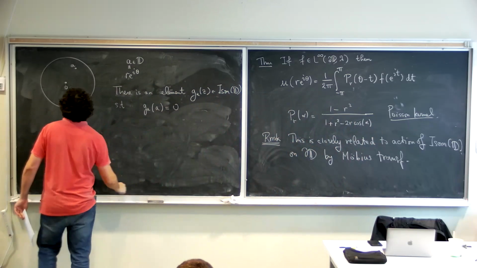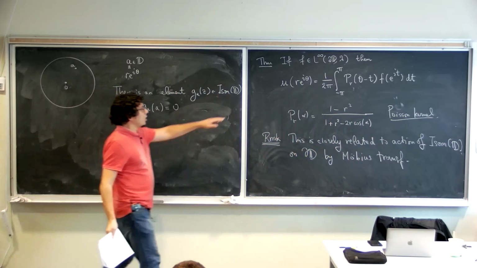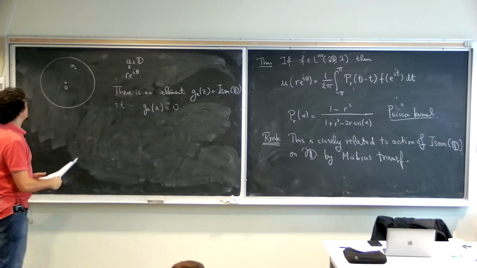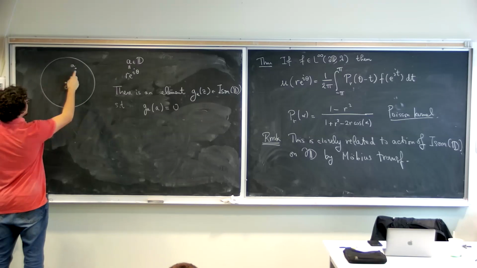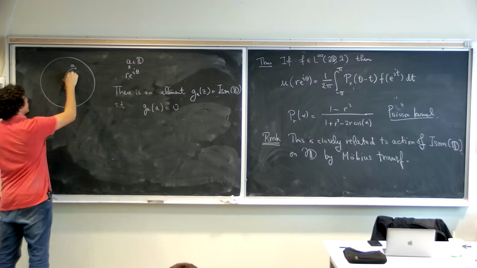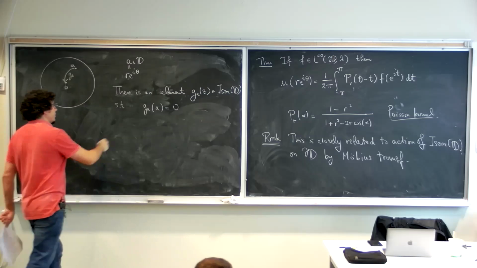The idea is that if we compute this at 0, it's much easier to compute. So if we bring this to 0 with this map g_A, now here's a question: what's the formula for such g_A?